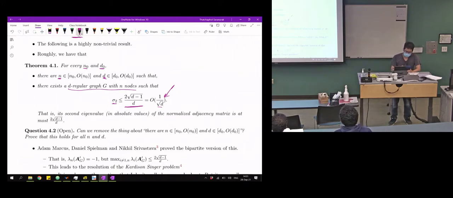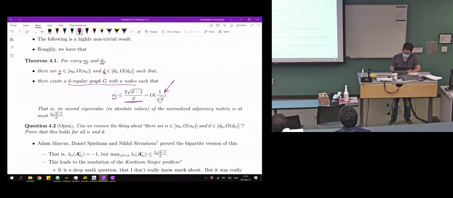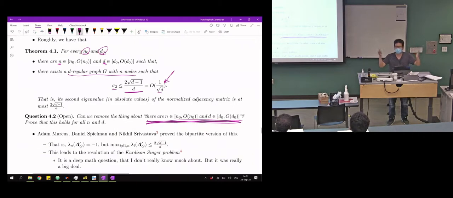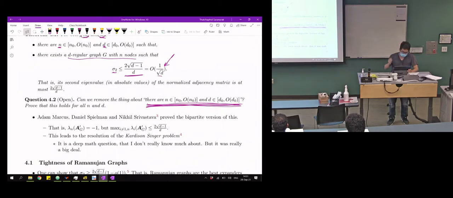But basically, people ask if you can remove this thing. Can it be true for every integer n and d, not just choosing n0 and d0 and finding something close to n0 and d0? People don't know that. This is a deep question, with some progress.